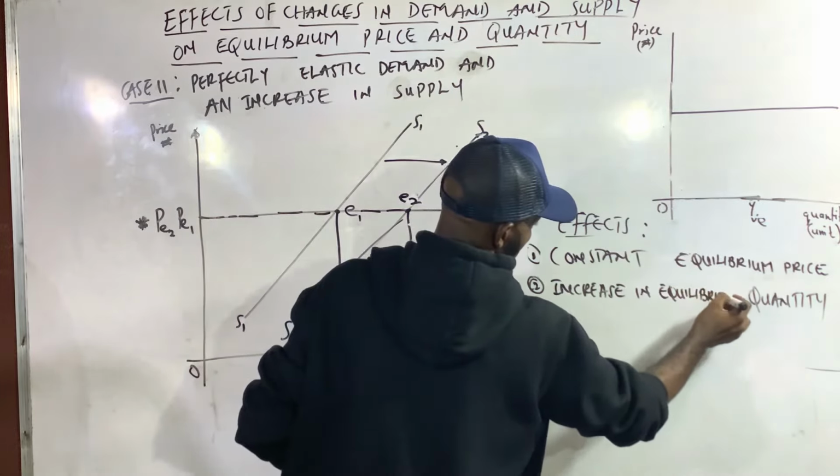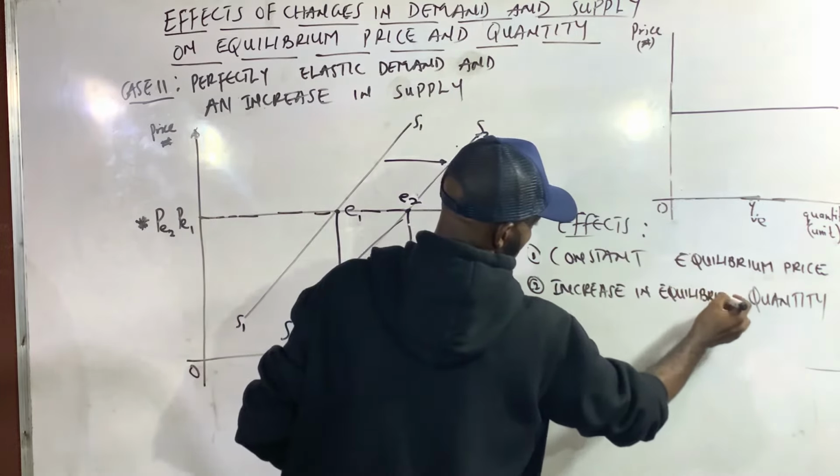For E1, this is equilibrium price 1. We trace it to the quantity axis, which gives equilibrium quantity 1. What do we have here? The equilibrium point from the origin. The examiner says we should obey this instruction that says perfectly elastic demand and a decrease in supply.